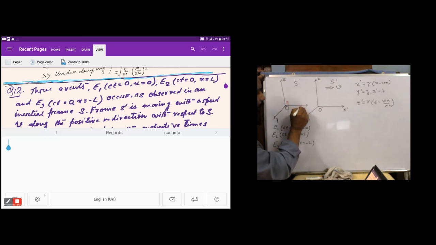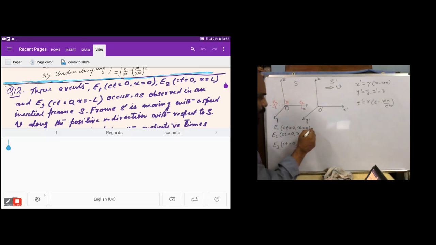Then at X equal to L, we have E2 and then E3 at X equal to minus L. And these three events are simultaneous events because our CT is 0. We need to find out the corresponding times, which are T1 dash, T2 dash, and T3 dash respectively.